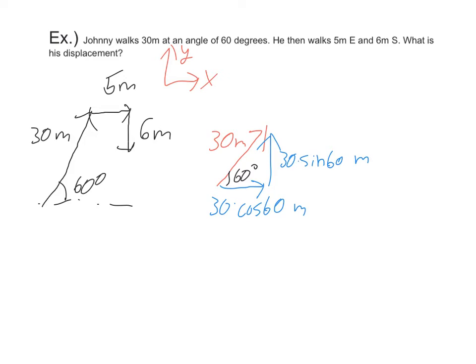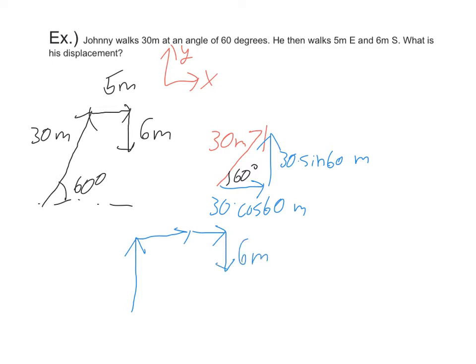So we say bye-bye to that. And here we go. We'll have my two component vectors, and then we'll have the 5 meters to the east vector and the 6 meters south vector.